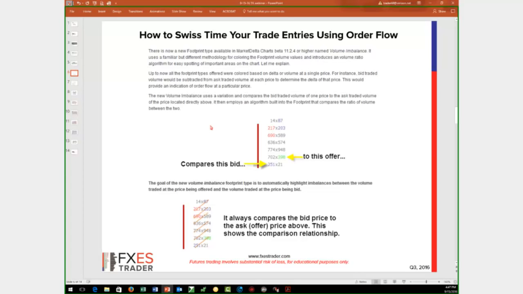The volume imbalance uses a variation and compares the bid traded volume of one price to the ask traded volume of the price located directly above it. Please make this distinction, just as you see below in this graphic. You're comparing the 398 to the 251.